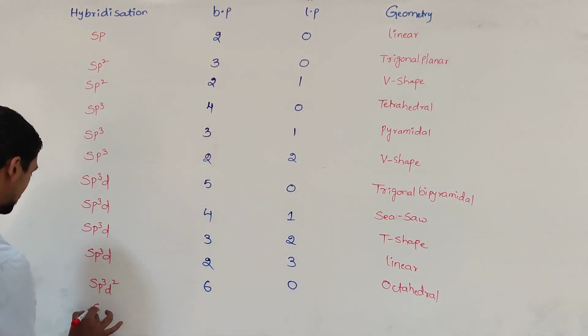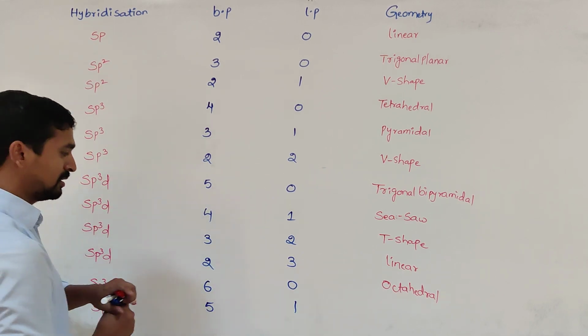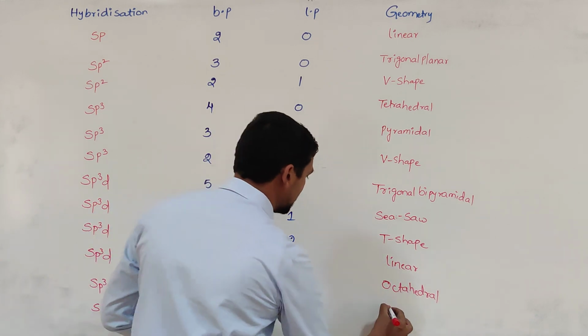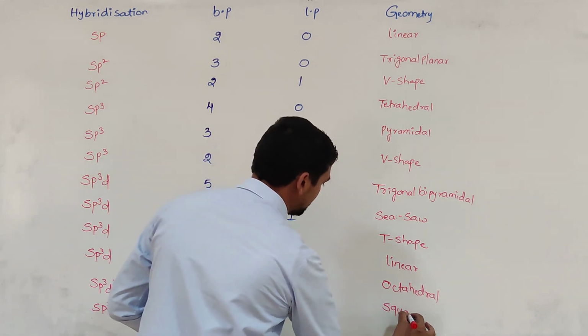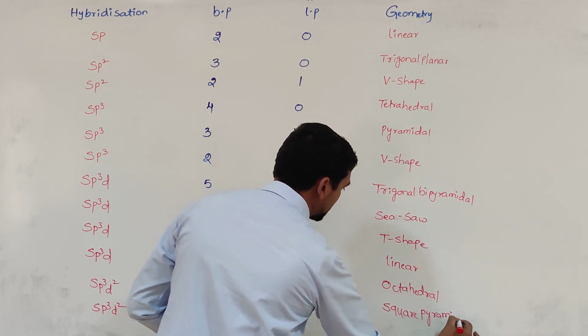In sp3d2 hybridization with 5 bond pairs and 1 lone pair, the geometry of the molecule is square pyramidal.